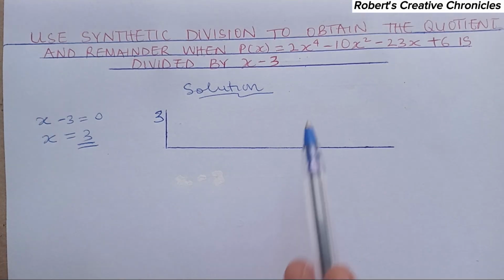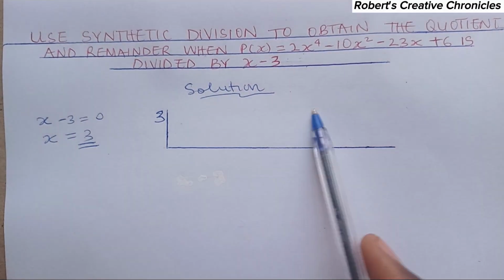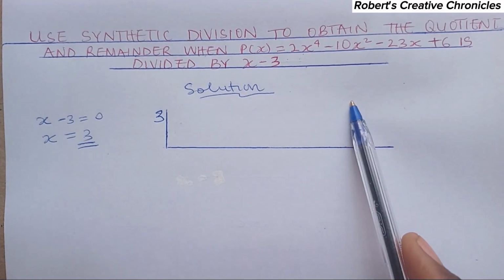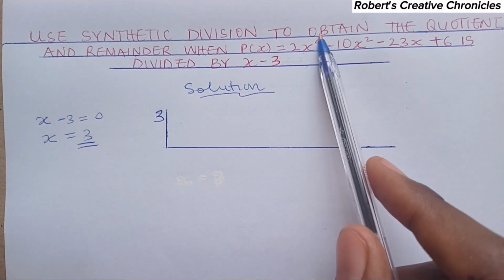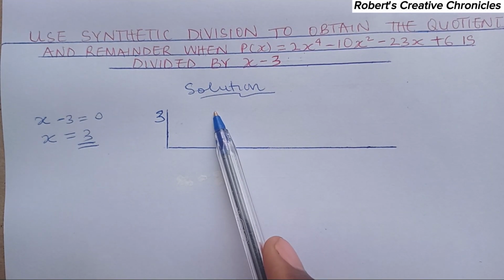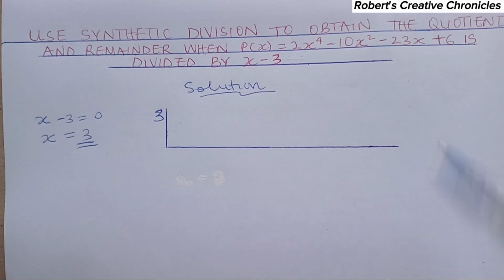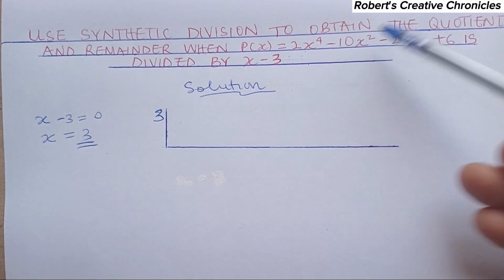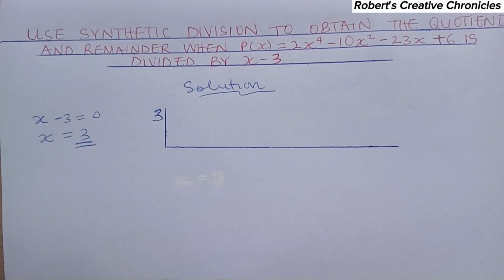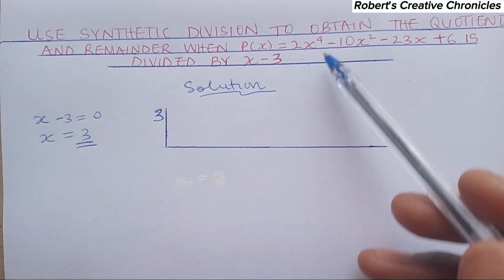So now we'll put all the coefficients of the x terms here, from the highest power to the lowest power. The highest power here is 4, so we'll put its coefficient first, followed by the second power, then the third, in decreasing order of power of x. If there is no x term with a power, like here there is no x cubed, we'll assign it 0.